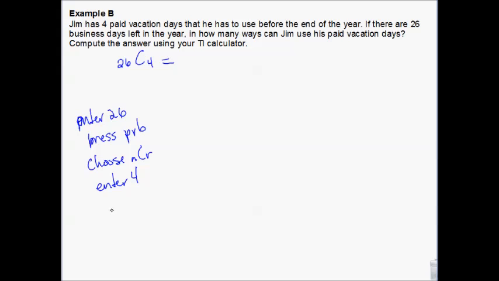So there are 14,950 different ways he could use his 4 days of vacation that he has left. I doubt he will take into consideration all of them.